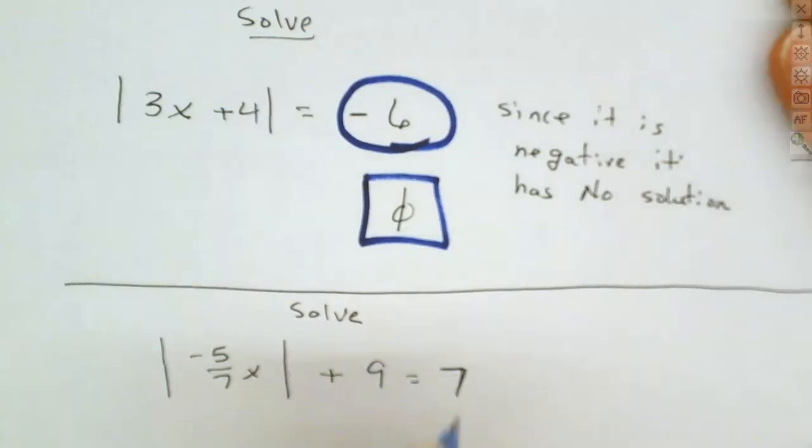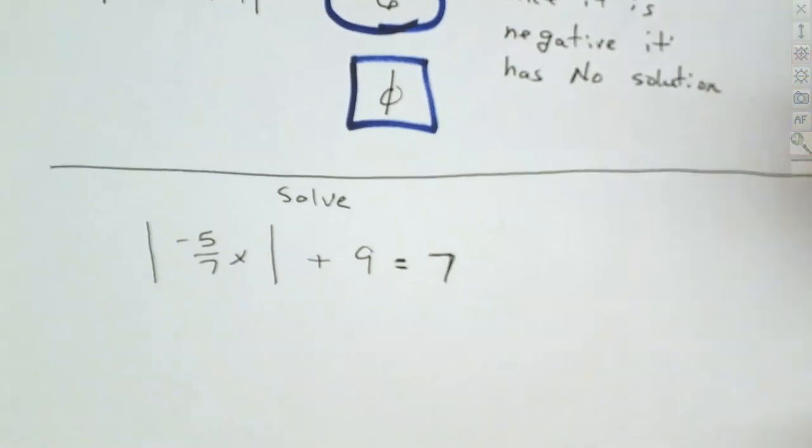Now you might look at this one and you might think that it has a solution. Right, but what's our procedure? Our procedure before we do anything else is make sure that that absolute value is by itself on the left. So before I can draw any conclusions, I need to move that 9 over.